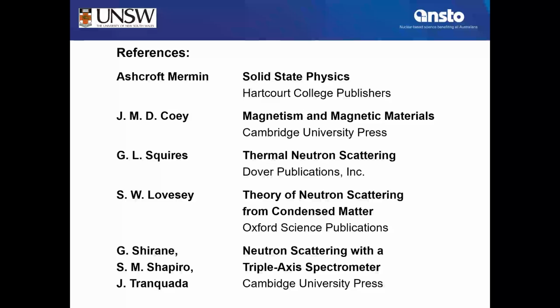Neil Ashcroft is actually from New Zealand, and whenever there's a Wagga Wagga conference and when he visits home in New Zealand, he joins the Wagga Wagga conference. So just a side note. Squires, Lovesey, and also a good book on neutron scattering by Gen Shirane, Stephen Shapiro, and John Tranquada.